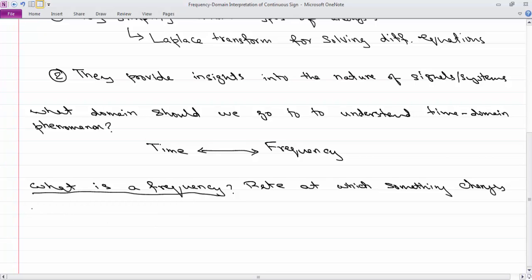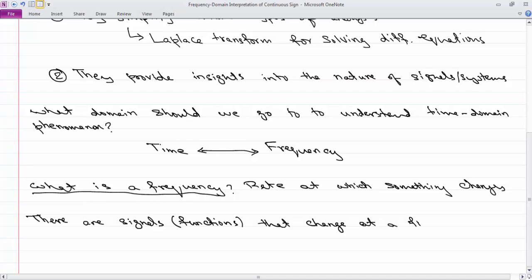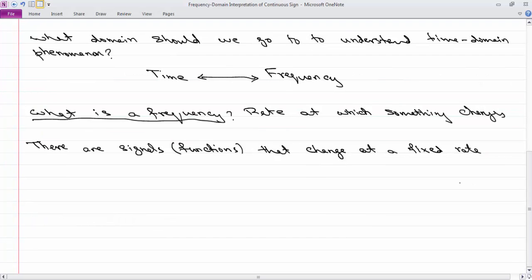Now, there are signals or functions that change at a fixed rate, or fixed frequencies. An example of that are sinusoidal signals.